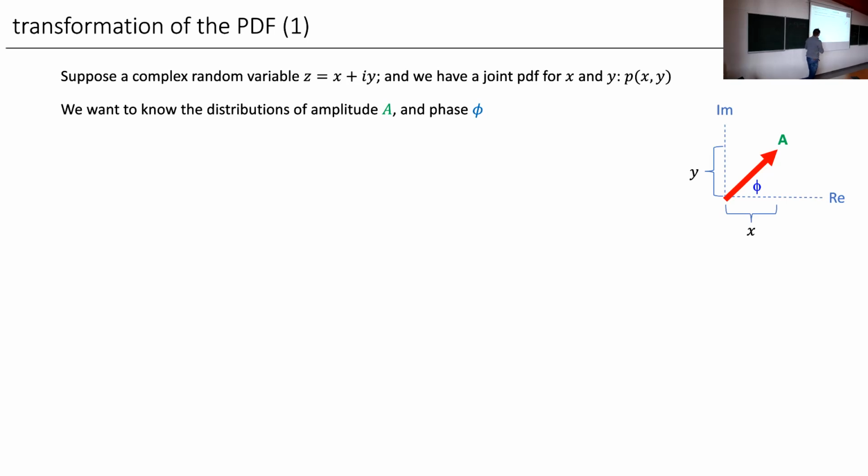We're interested in the distribution of the amplitude and phase. These fields are random, so we have a random distribution, and now we want to know the distribution of the amplitude.